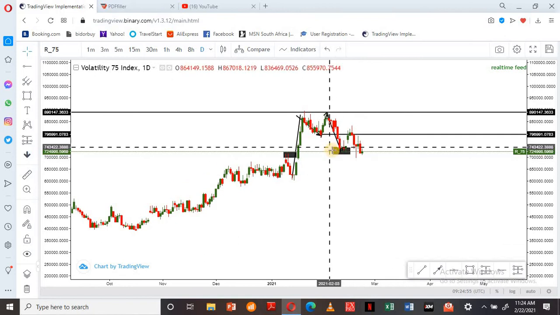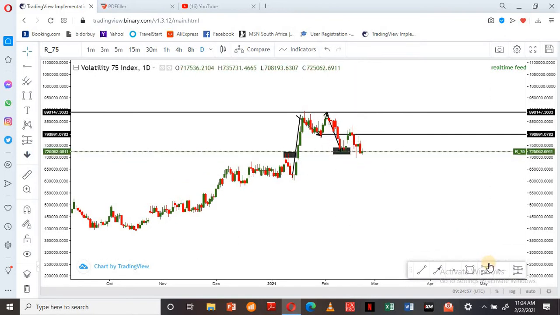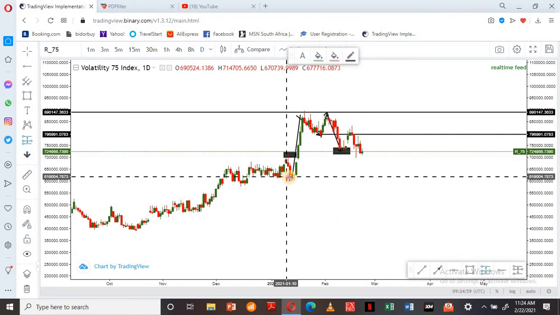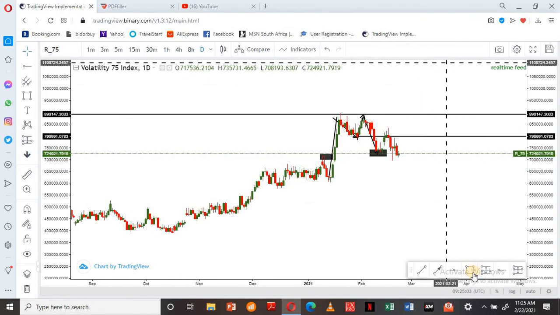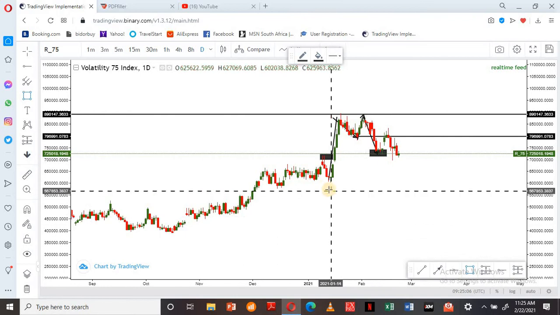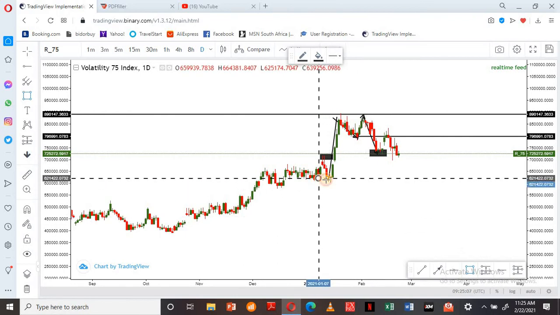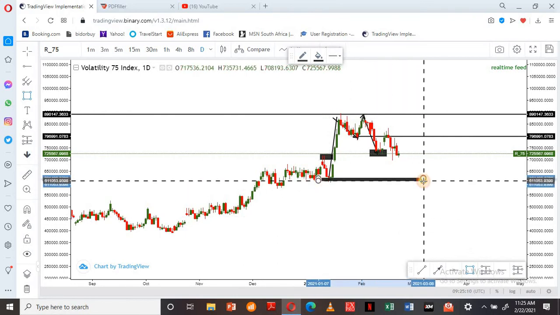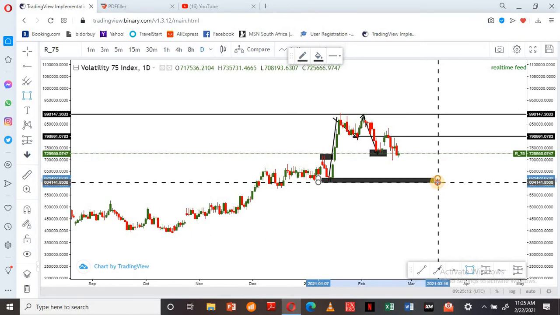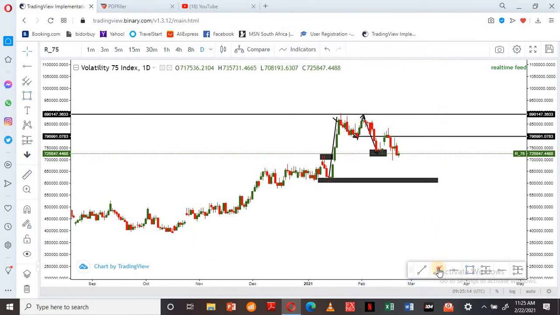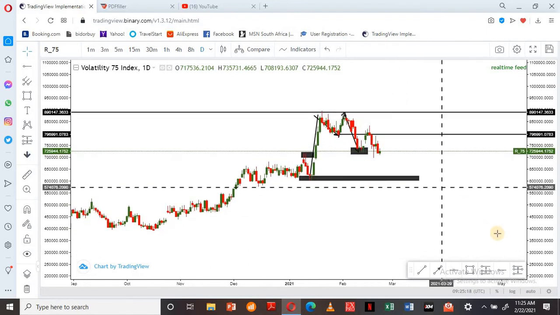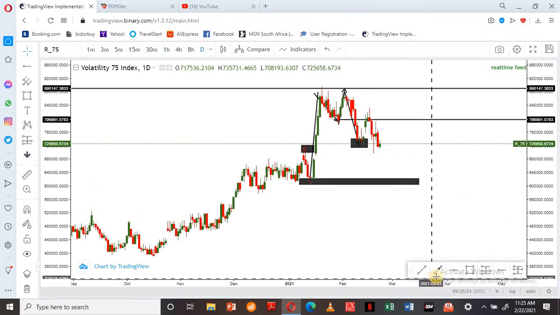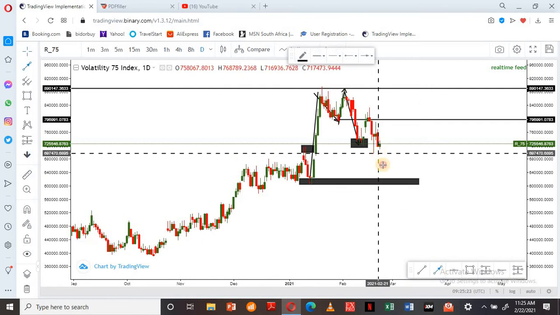Once it breaks this level of support, we'll be waiting for it to come down to this level here. We'll be expecting VIX to come down there and respect that level.